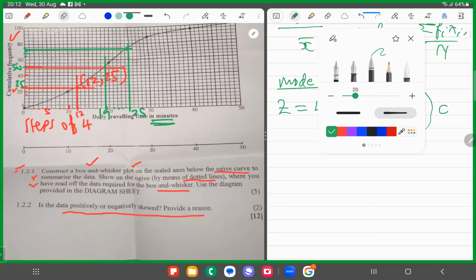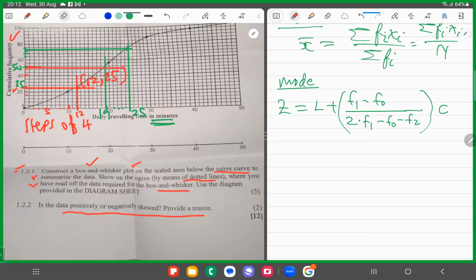Okay, so this is the formula for the mode. This is how we find the mode. L stands for the lower boundary point of the mode class.